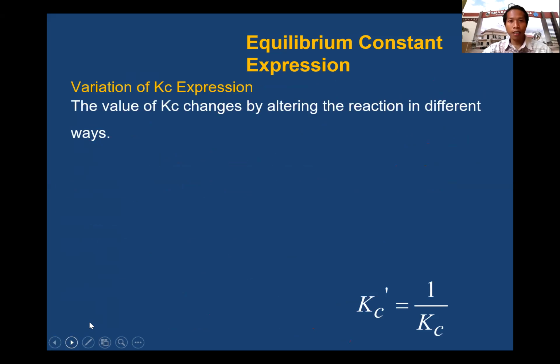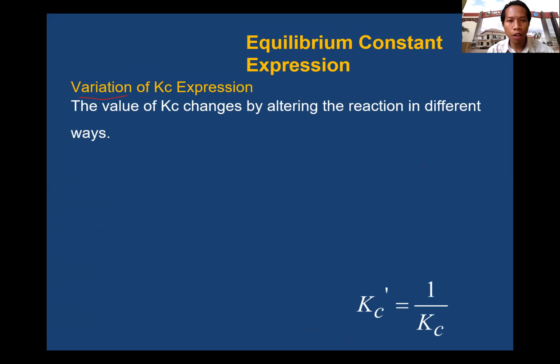Okay. Then the next thing is, after we know Kp, now we also have variations of Kc. Now this is important, guys. Variation of Kc. We can modify the Kc expression.